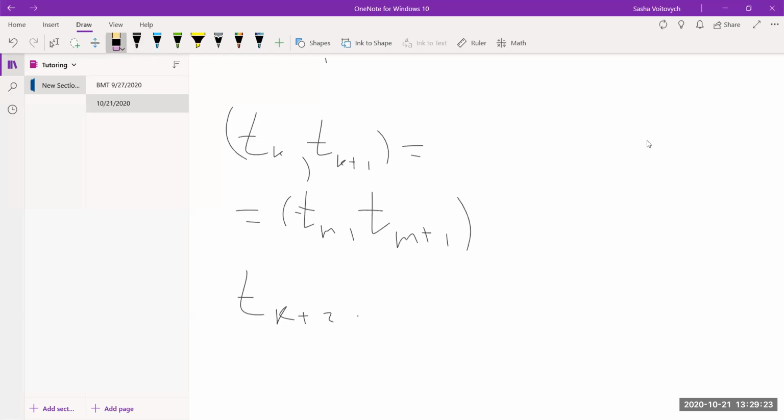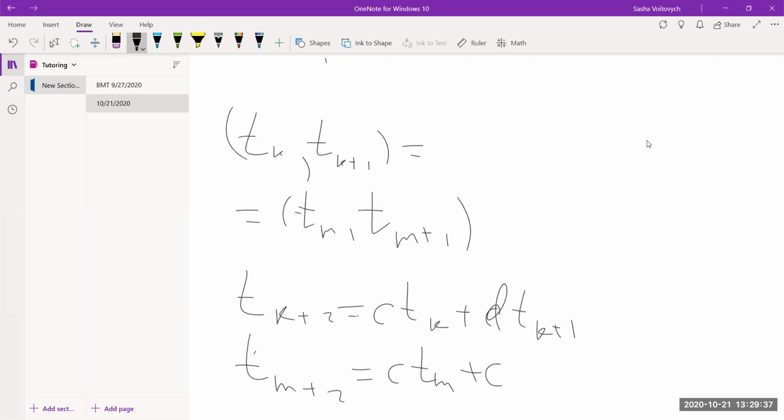It is determined by combining C tk and D tk plus 1. Similarly, tm plus 2 is obtained by combining these together.